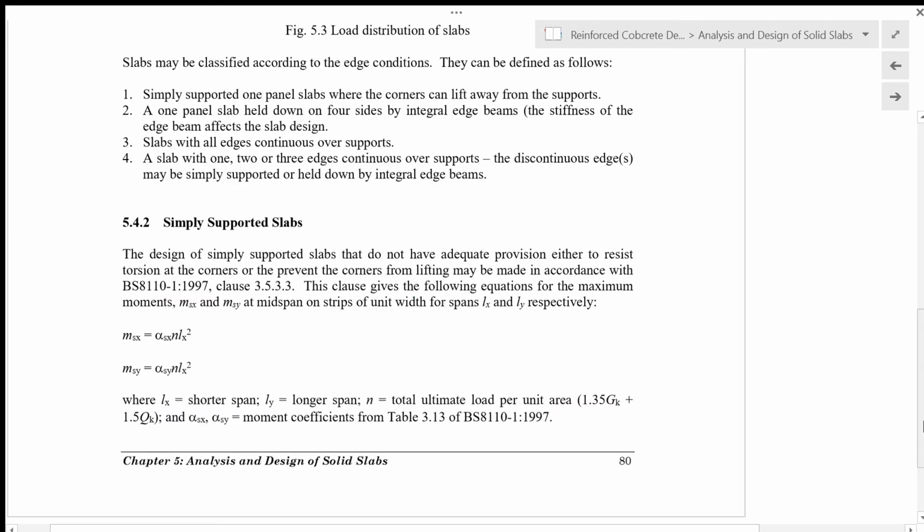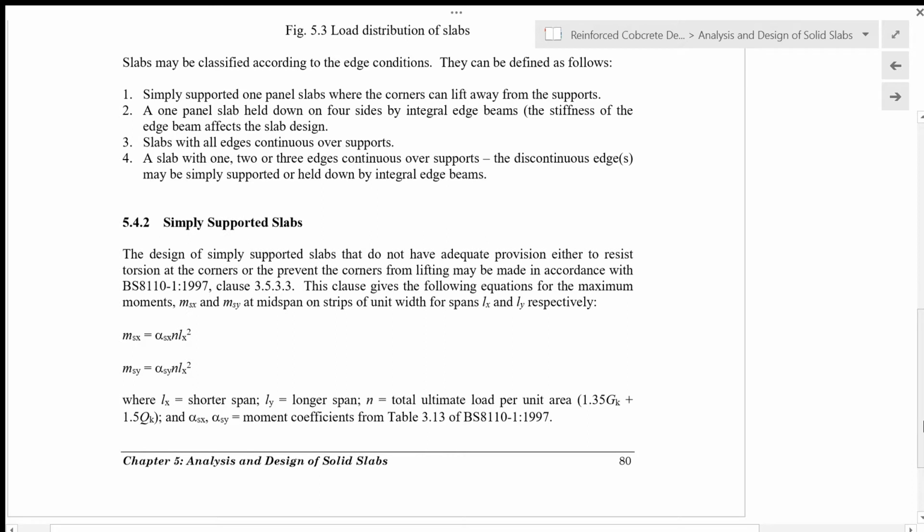Slabs may be classified according to the edge conditions. They can be defined as follows. First, simply supported one-panel slabs where the corners can lift away from the supports. A one-panel slab held down on four sides by integral edge beams. The stiffness of the edge beam affects the slab design.